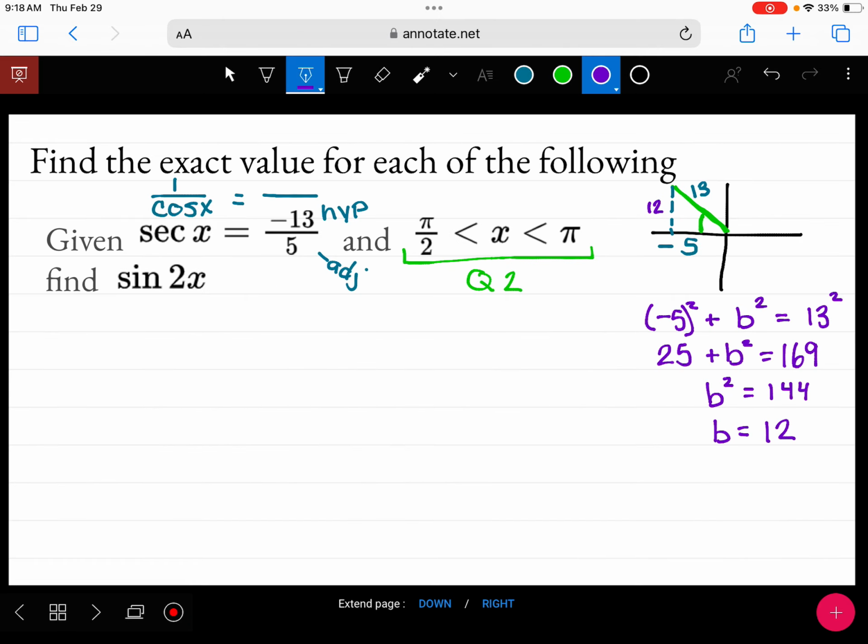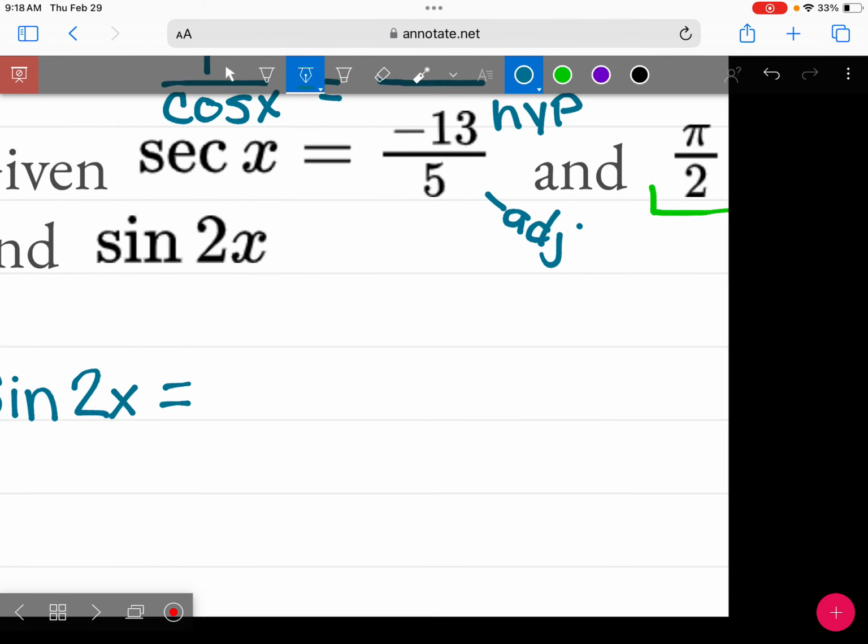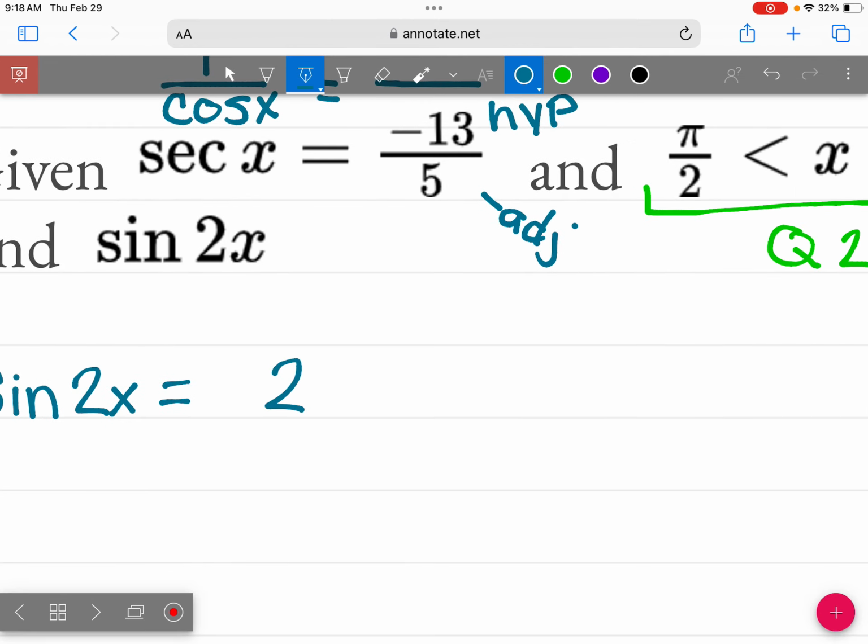The reason we care is because if we go back to our formula for sine of 2x, we need to know both cosine and sine. So we need to have all the values in order to fill in our formula. Because when we do sine of 2x, our formula says that that's 2 sine of x cosine of x.